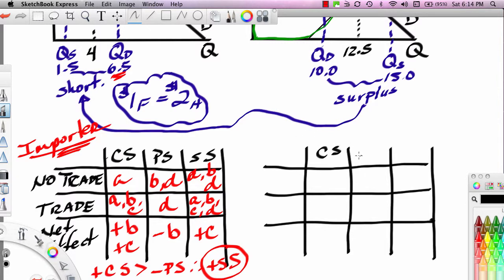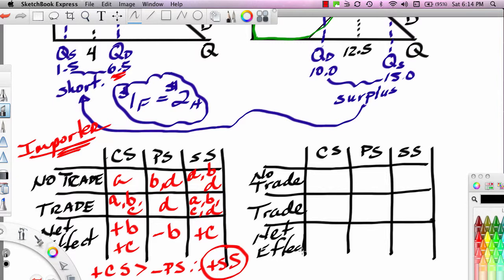So consumer surplus, producer surplus, societal surplus, no trade, trade, net effect. I hope you're taking notes with me, not just watching this. If you are just watching it, it's better than nothing. But if you learn to write these things down, they'll go deeper into you.